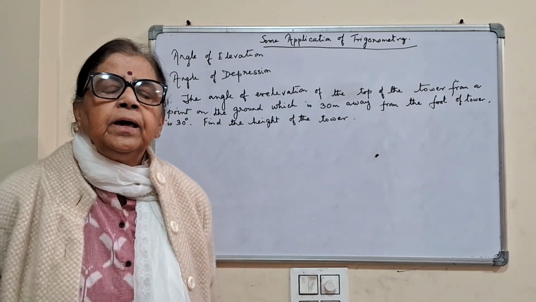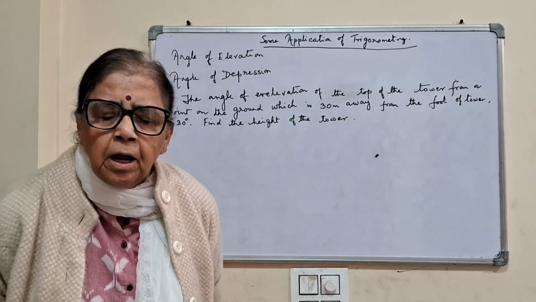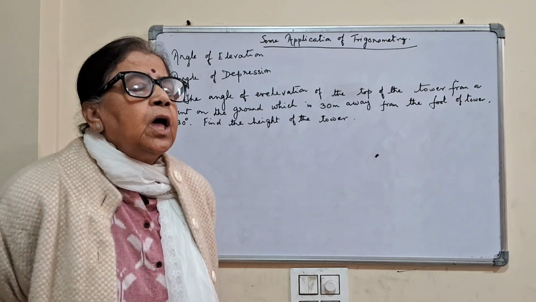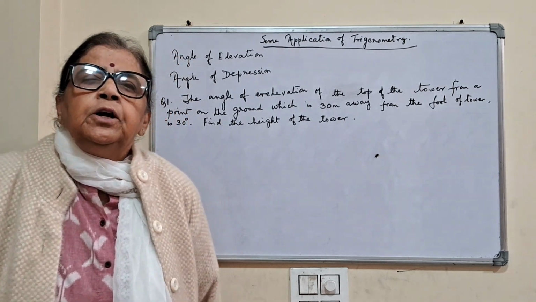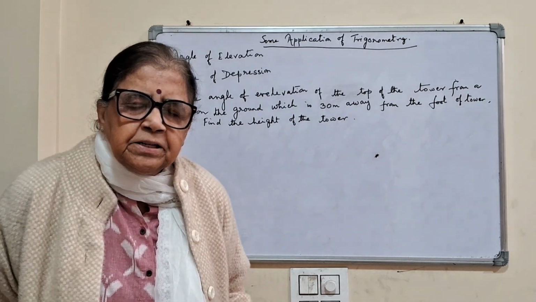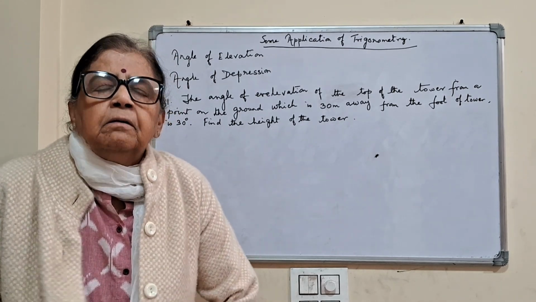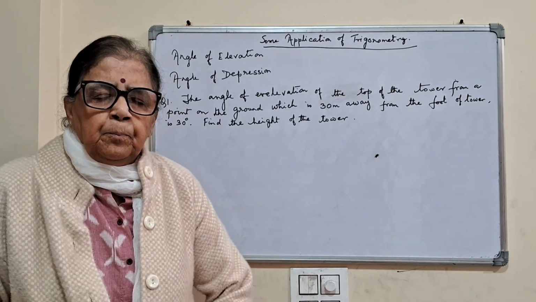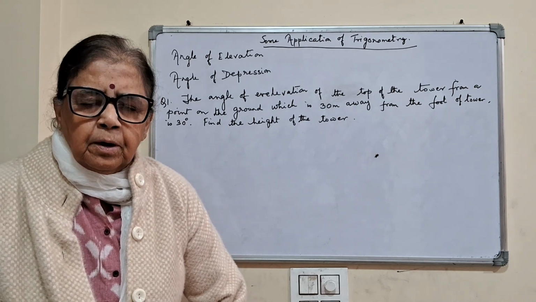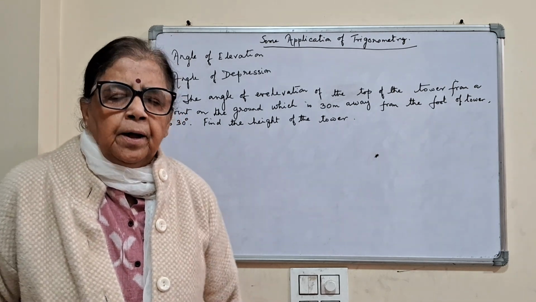Today we will be doing some applications on trigonometry. We use trigonometry to measure the height of a tower, the height of a minar, the height of a pole, the height of a hill, and so on.